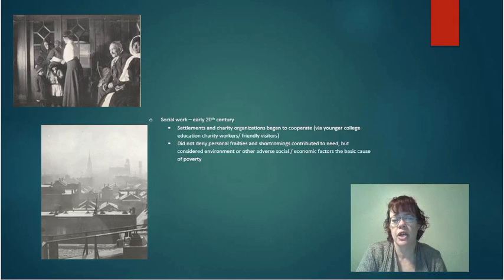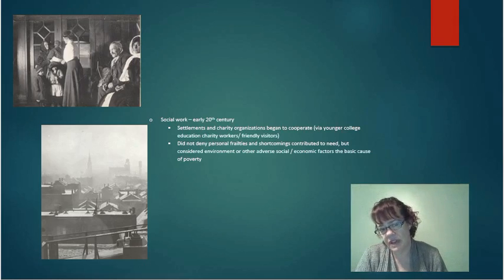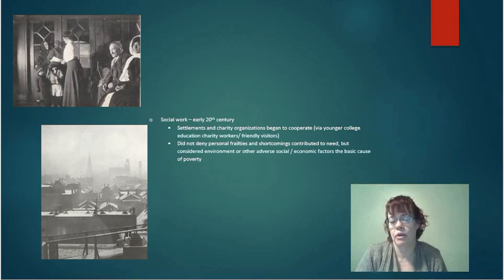So it still talks about personal issues and how that could contribute to poverty, but it begins to consider environmental and adverse social and economic factors as the basic cause of poverty. And this is really important: while yes, these social failings like vices might contribute to the situation that the impoverished find themselves in, it accepts that there's a basic cause of poverty, and it's outside of the people who are impoverished.